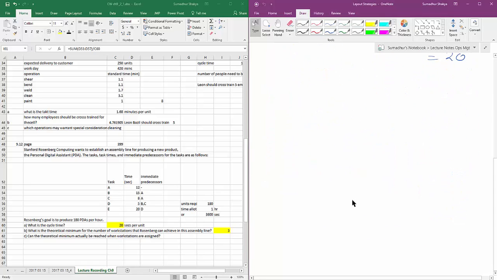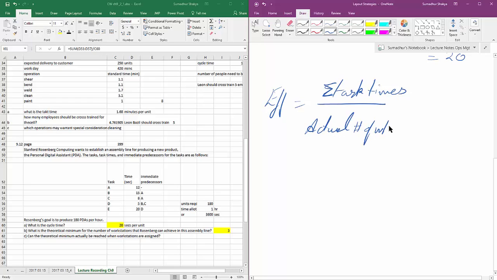In your textbook in the 12th edition, on page 391, it says that efficiency is the summation of task times divided by the actual number of workstations times the largest cycle time.